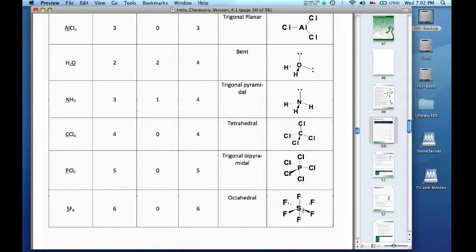An octahedral one has all these atoms at 90-degree angles. There's a square plane right here with atoms, and then these above and below, all at 90 degrees. This is a very symmetric 90-degree arrangement. Everything's boxed in.